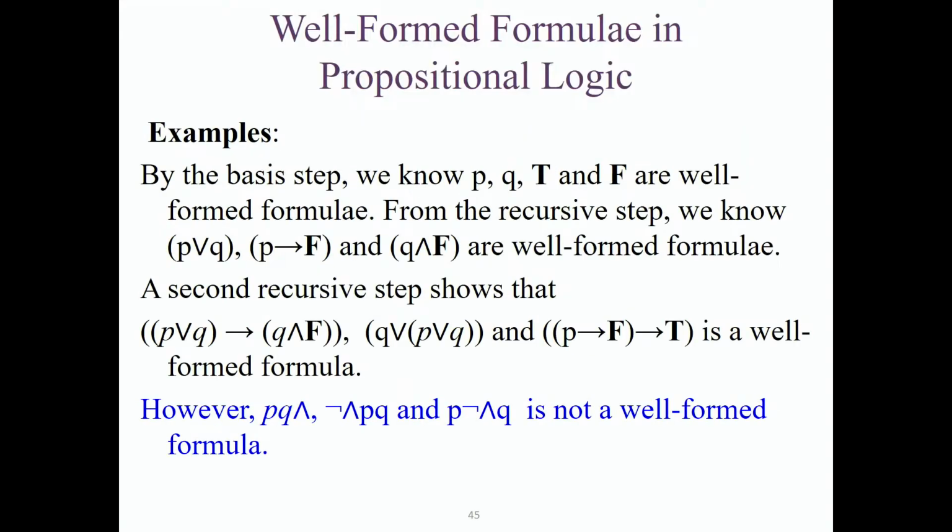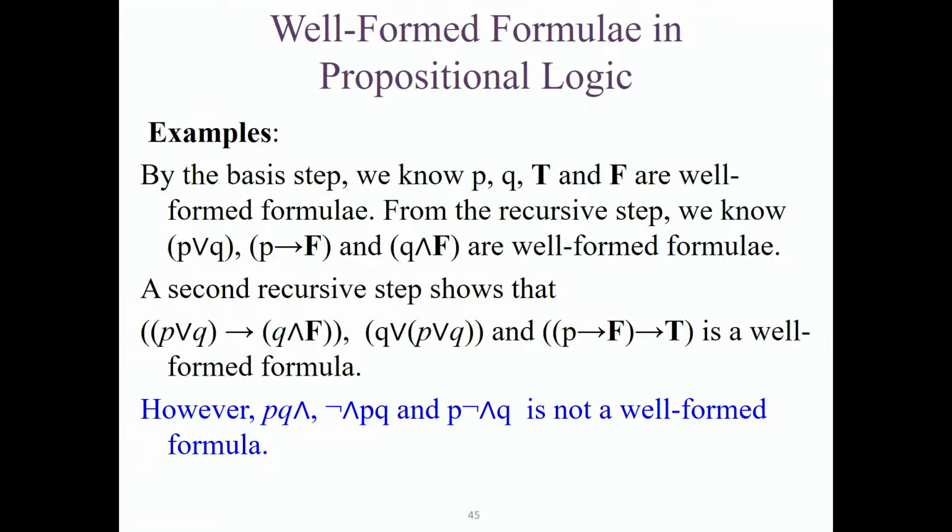Let's see how we can expand this set of well-formed formulas. In the basic step, we already know that T, F, and for example P, Q are atomic propositions. We cannot separate P and Q into smaller parts, so we call this an atomic representation.